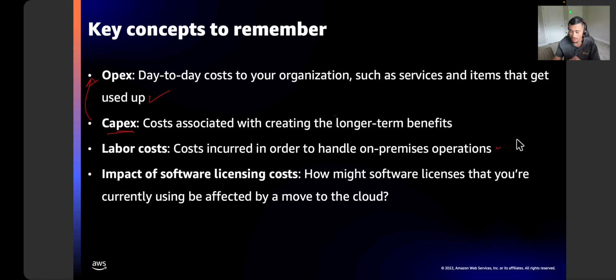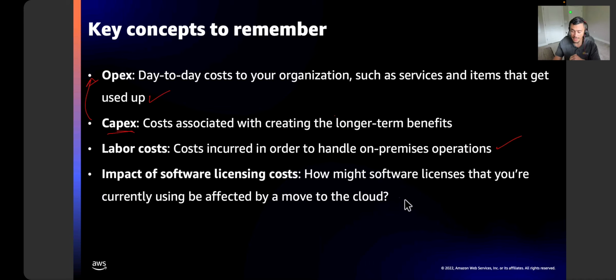We also have labor costs, which are mainly an on-premises expense as well, right? So how much staff do you have to essentially pay to maintain and configure servers, right? So that would be the cost of labor.